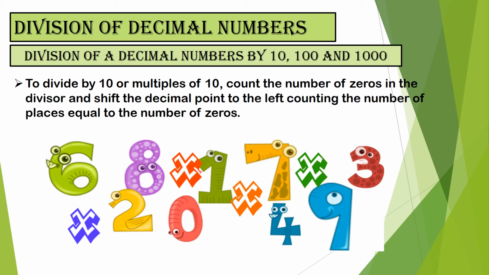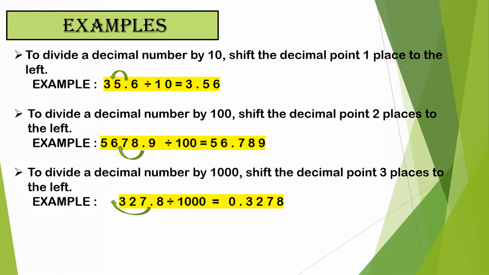So let us see examples. To divide a decimal number by 10, shift the decimal point one place to the left. While multiplying, we were shifting the decimal to the right. Now, according to the number of zeros, when we divide, we shift the decimal to the left.